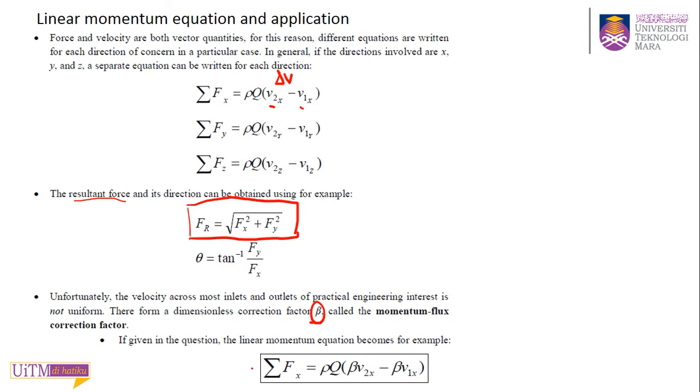So finally the equation will be written like this: rho q times beta v2 squared minus beta v1, not squared. This correction factor is just because the velocity across the section is not uniform.